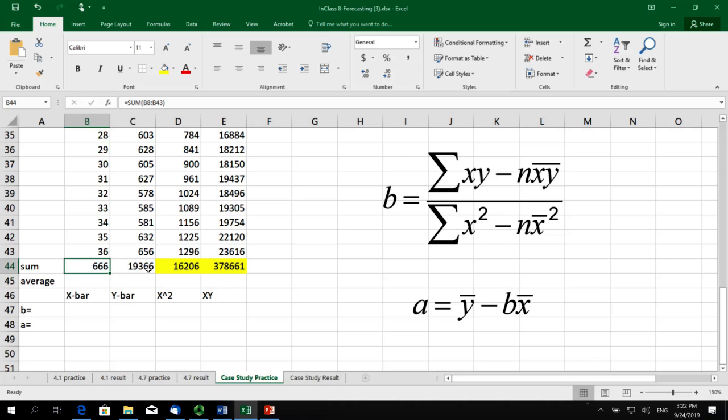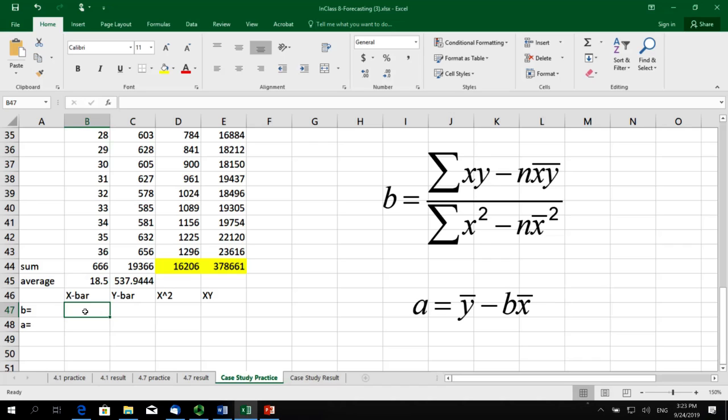We do not really use sum x and sum y, but we need to use their average. So average is sum divided by 36 because it's 3 years data. So the sum gives average y, with 36. Now we are ready to use the formula to get A and get B.